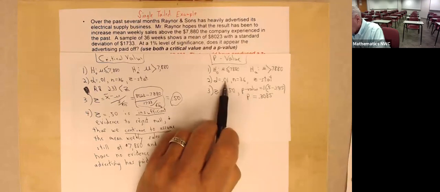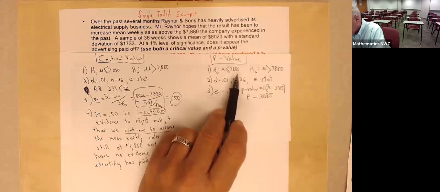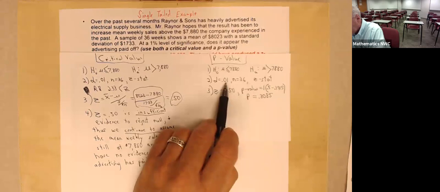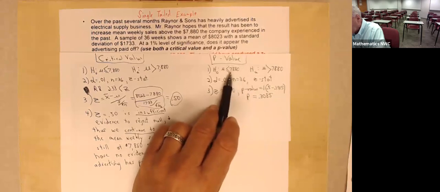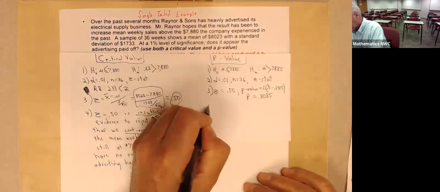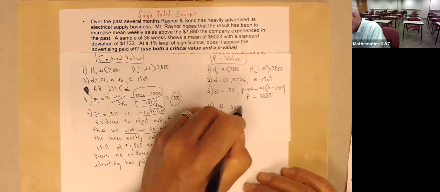If it's less than alpha, we have significant evidence and we reject the null. We would say the advertising has paid off. But in this case, 0.3085 is not less than 0.01. I have insufficient evidence, so I do not reject the null. I continue to assume that the mean sales are still at 7880. So my step number 4 would start off P equal to 0.3085.